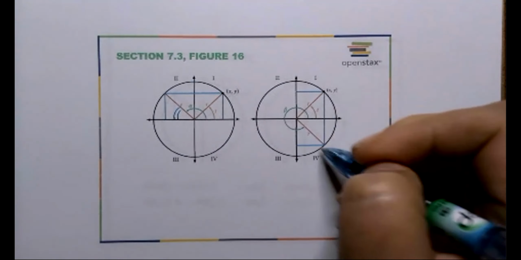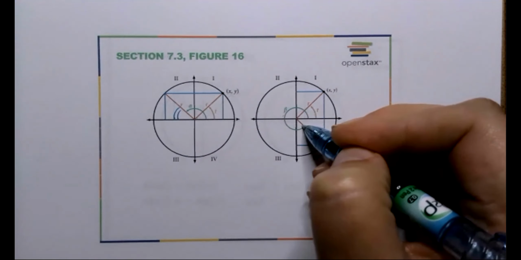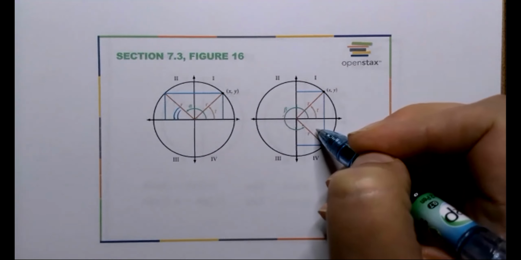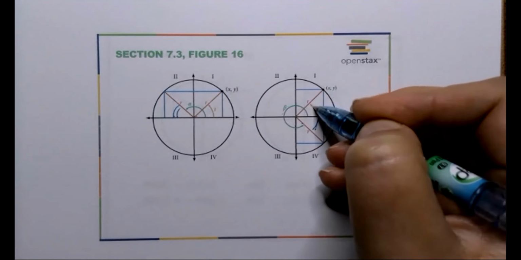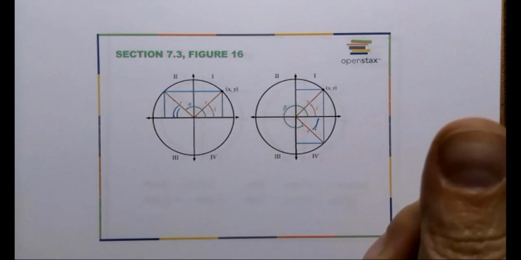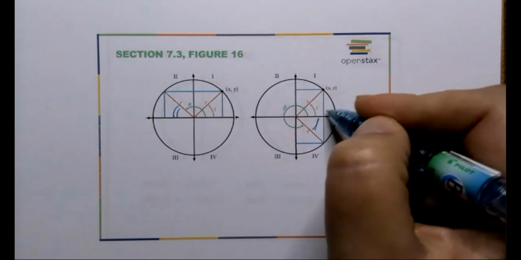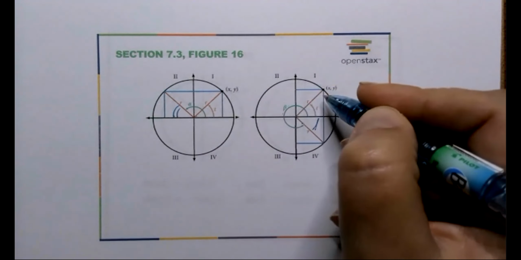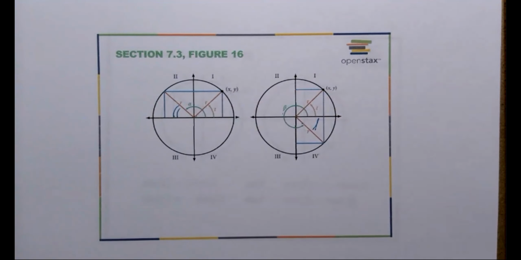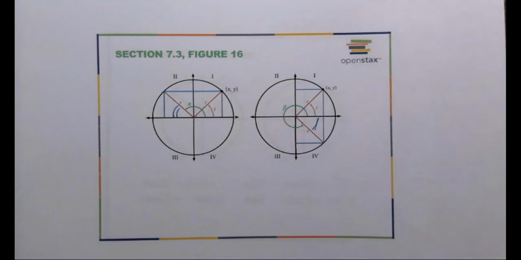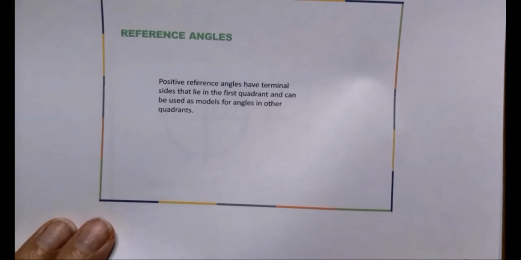Now for the fourth quadrant, this is the actual angle, and the reference angle is this, and then they flip it to the first quadrant. So the idea is that you can always use angles in the first quadrant to figure out angles in all of the other quadrants. That's why they always move it to the first quadrant.